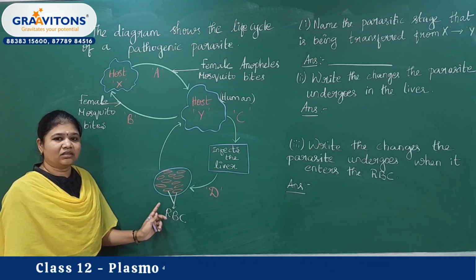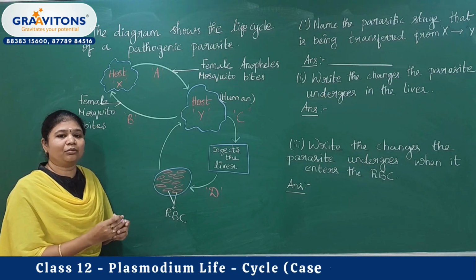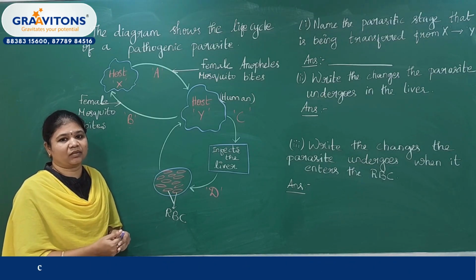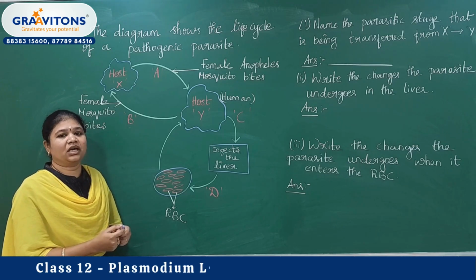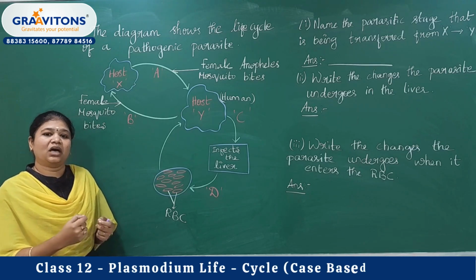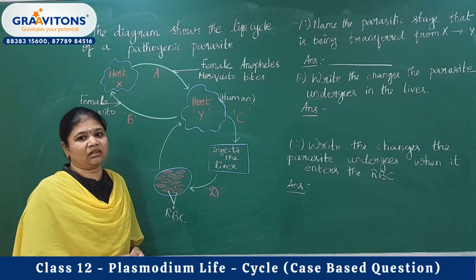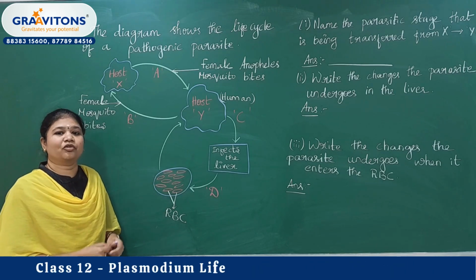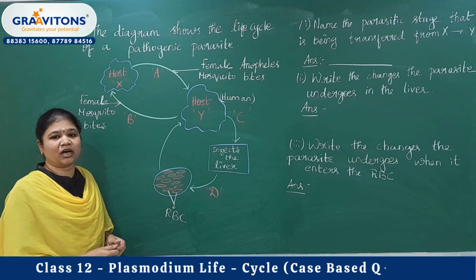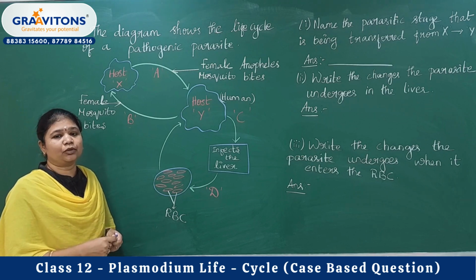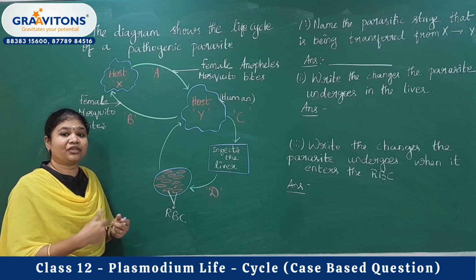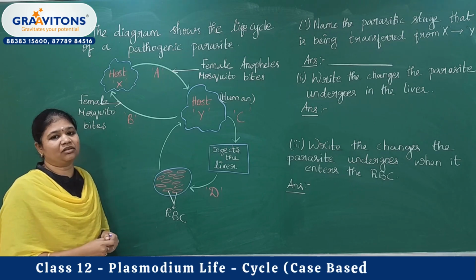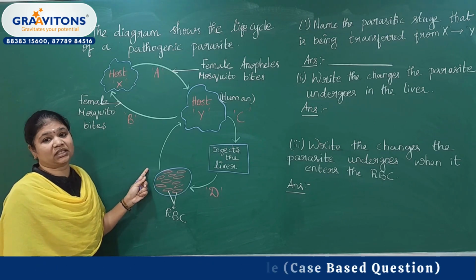And once the first cycle of asexual multiplication is over, it bursts out the RBCs. So RBCs bursting out will cause the appearance of symptoms in the host body. And after the release of organisms by bursting of RBCs, some of the progenies will continue to infect further red blood corpuscles, and some of them will transform themselves into gametocytes.